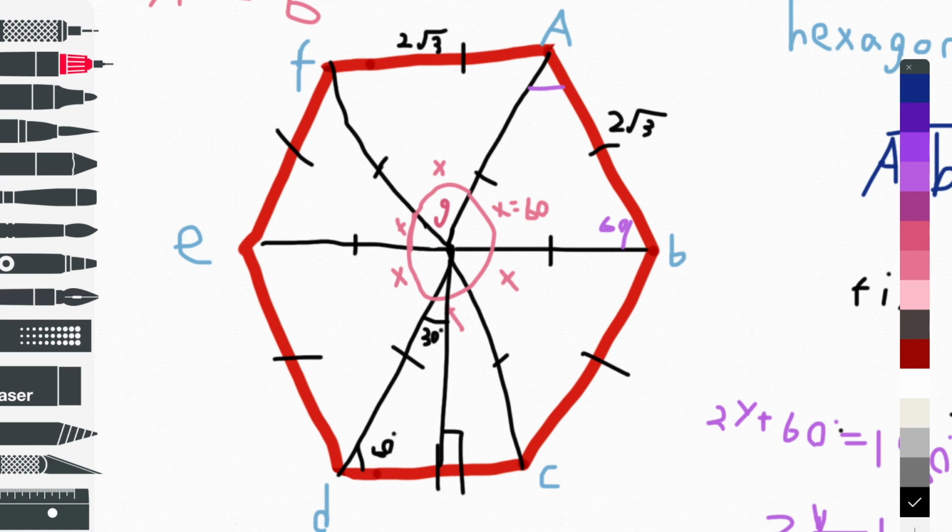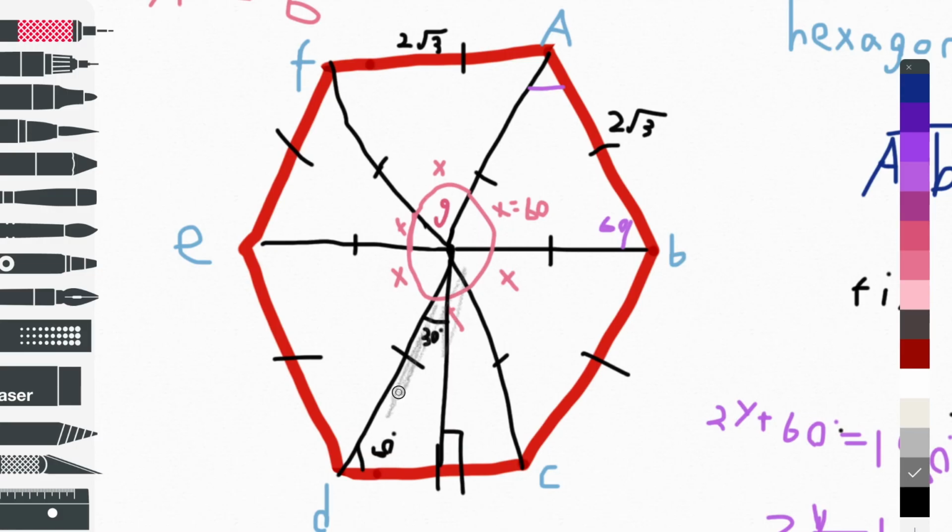So now let's figure out the area. All we have to do now is just figure out this area right here, this tiny triangle, and we can multiply by 2 and then multiply by 6, or we can just multiply by 12.